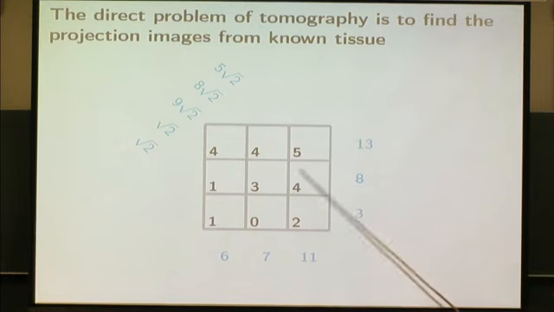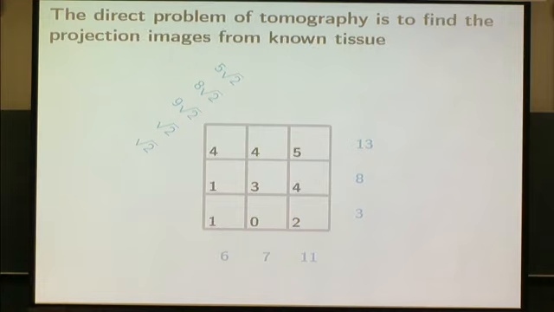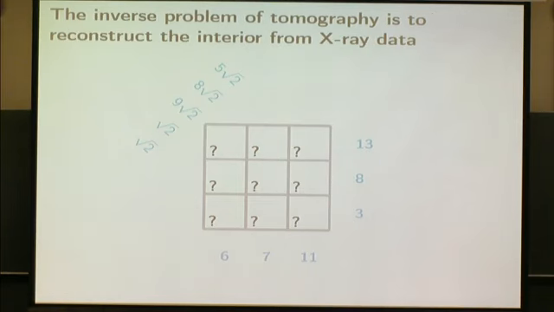We know some kind of weighted or some kind of linear combinations of these numbers. Knowing the geometry gives us which directions we know. This is the inverse problem. So direct problem, if we know what's inside, then for sure we can easily compute these numbers. But the inverse problem is our X-ray images give us the numbers around, and we should fill in this kind of a Sudoku problem to find the correct numbers.